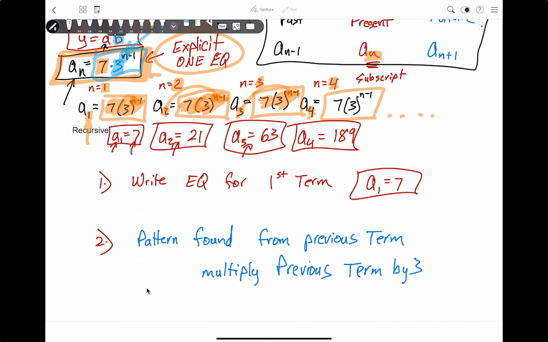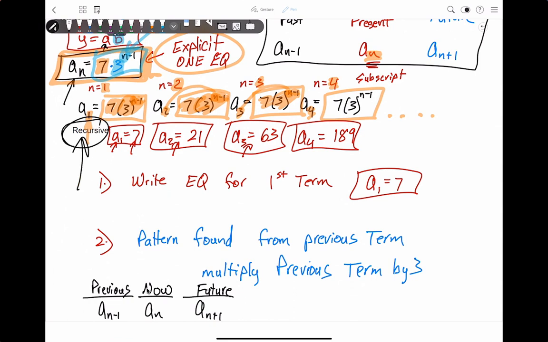Our now term is a sub n. Our previous term is a sub n minus 1. And our term in the future, one jump in the future, is a sub n plus 1. Again, the now, the previous, and then the future term. It all revolves around this, especially when you're looking at recursive formulas. Okay, so recursive formulas are showing you that pattern.